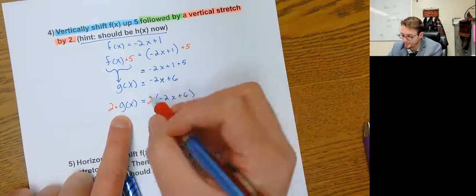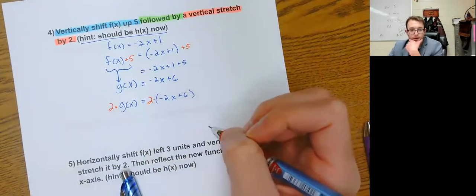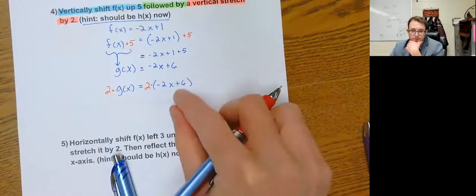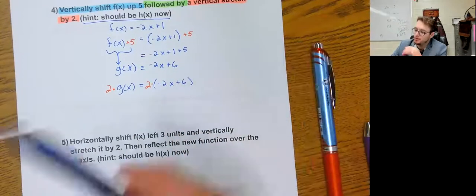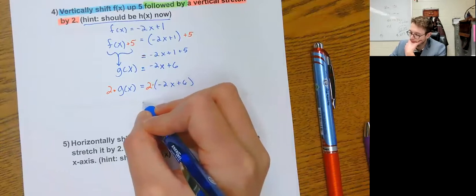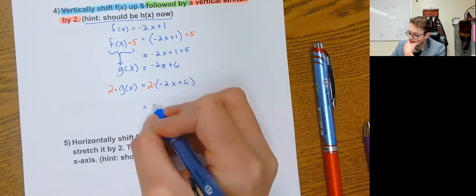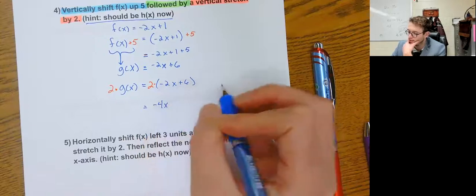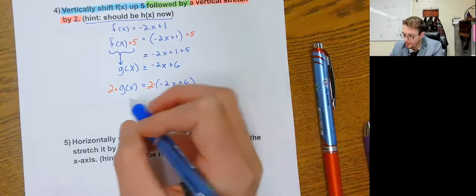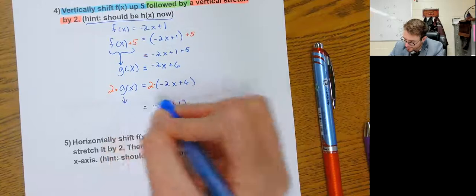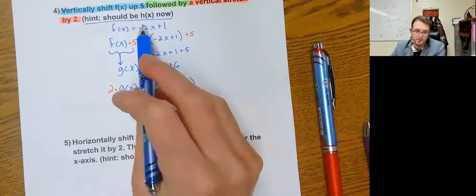Well, can we simplify the inside? It's already simplified, so let's just distribute, and we will get 2 times negative 2x is negative 4x, and then 2 times 6 is positive 12. And that's simplified, so that will give us a new function h of x, and that's why that hint is there.